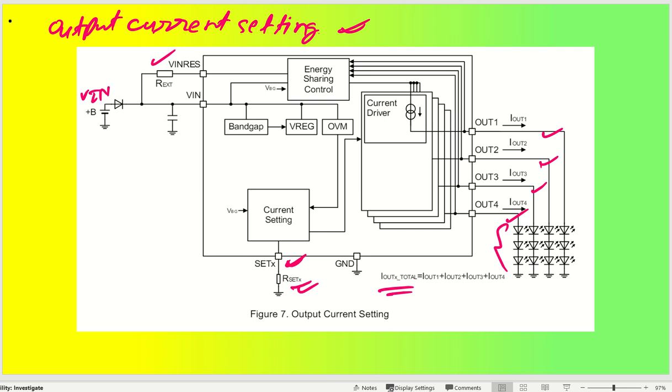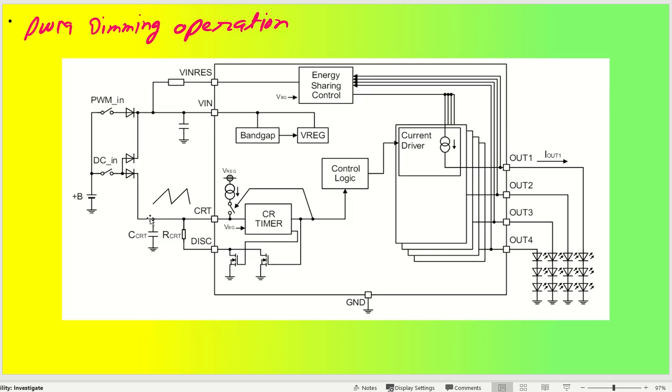Okay, next is PWM dimming operation. PWM dimming operation can be of different kinds. Either you can supply through here itself through one MOSFET switch or something, so that you can switch on and off at a particular frequency, and this is how the input will take the PWM signal itself, and this is how your output will be dimming.